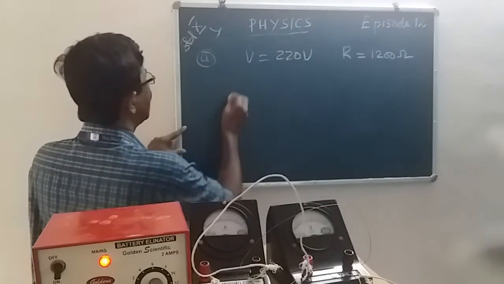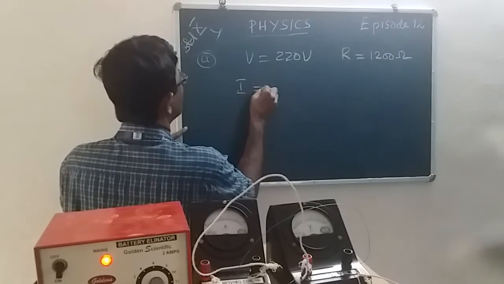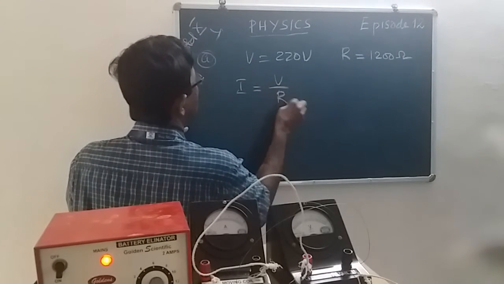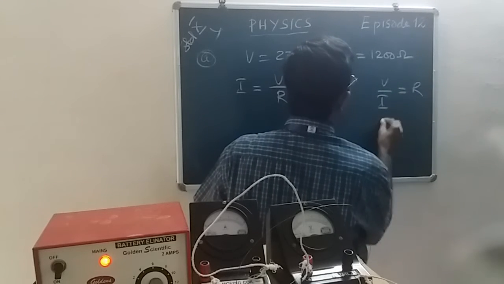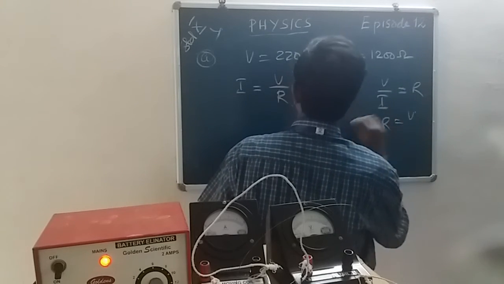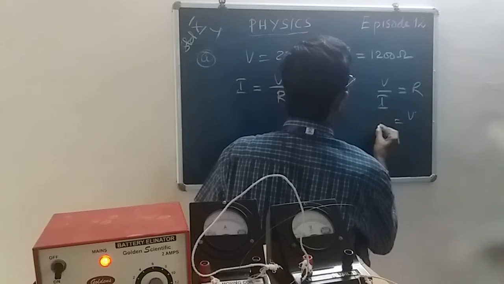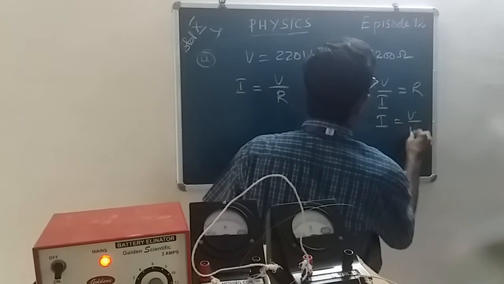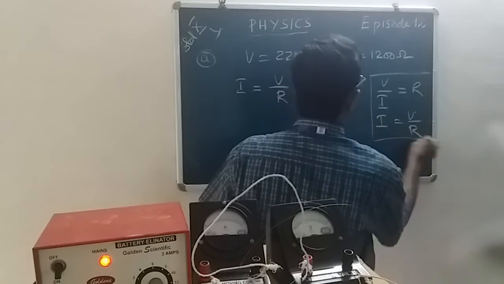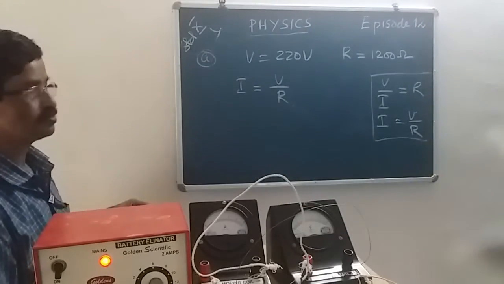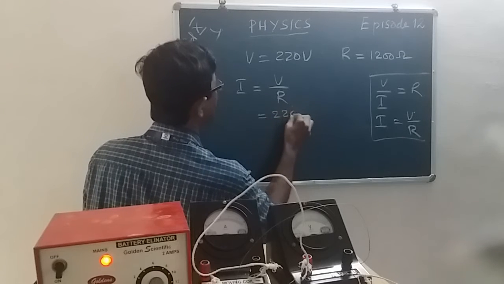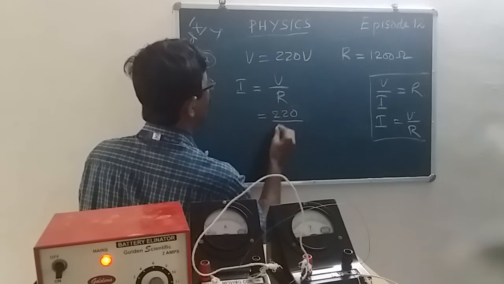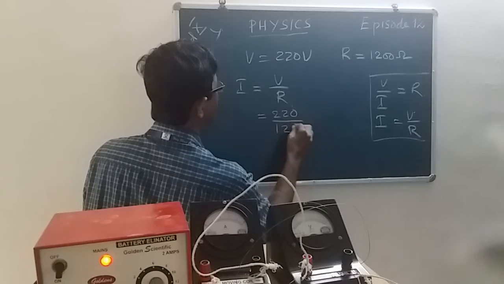See, we know that V by I is equal to R, so from this relation we get I is equal to V by R. Here V is 220 and R is 1200.